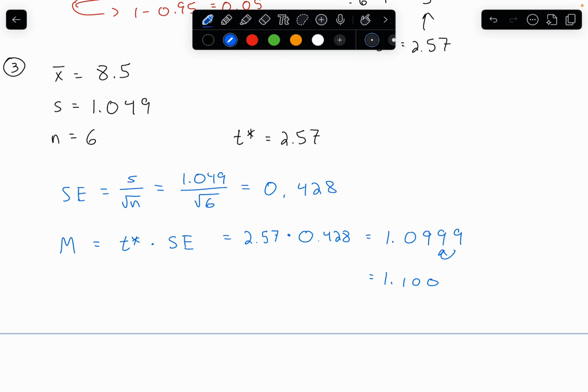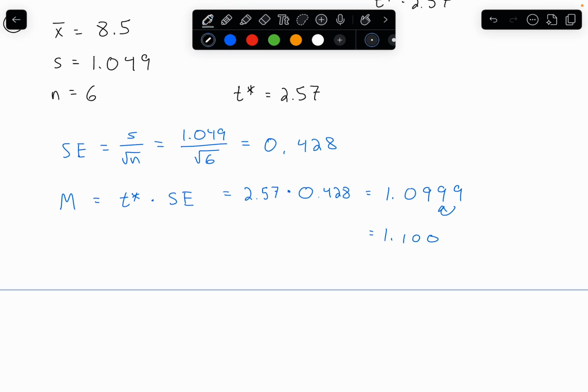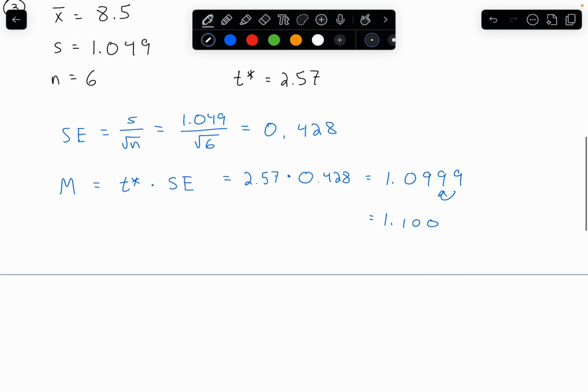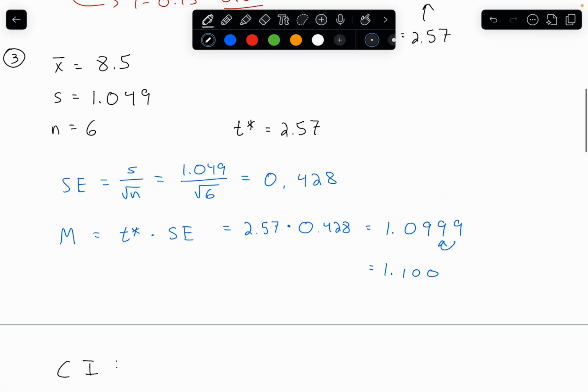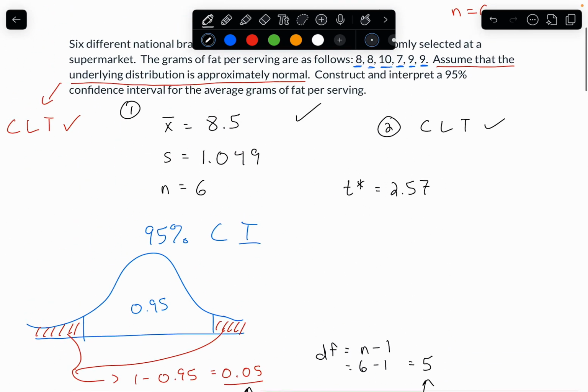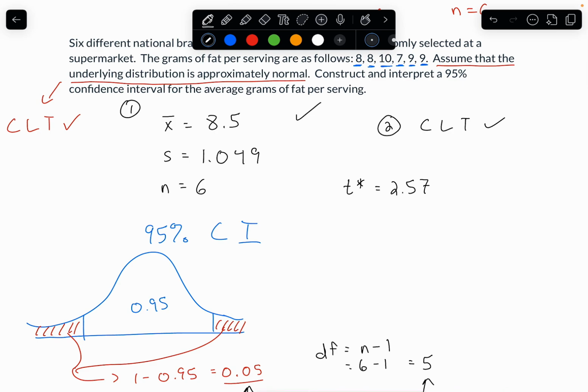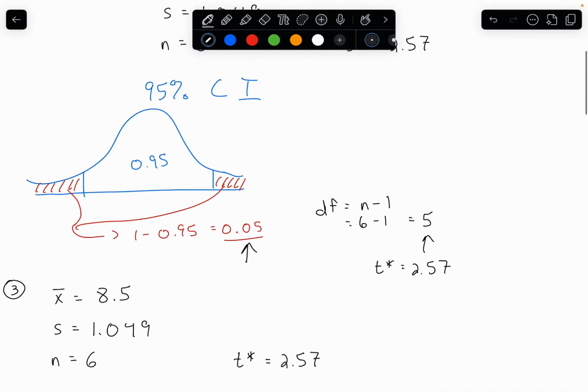And then I can now go and build my confidence interval. To build it, I take my point estimate, which is the thing I'm using to estimate my parameter, which in this case is the population mean. We would like to estimate the confidence interval for the average grams of fat per serving for all chocolate chip cookies.